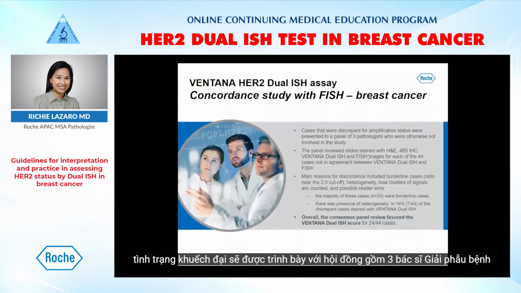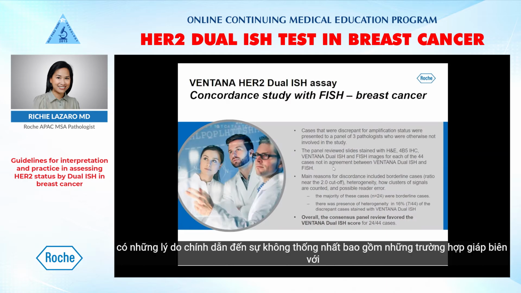Cases that were discrepant for amplification status were presented to a panel of 3 pathologists who were otherwise not involved in the study. The panel reviewed slides stained with H&E, 4B5 IHC, and the Ventana dual ISH and FISH images for each of the 44 discrepant cases, which were not in agreement between the Ventana dual ISH and FISH.